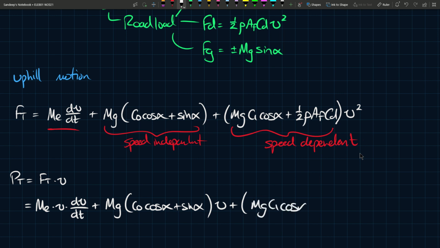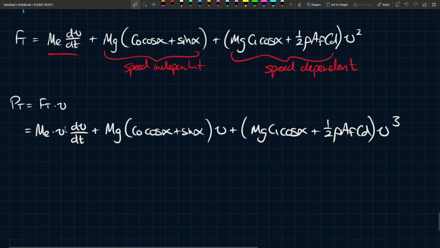So you have c0 cos alpha plus 1/2 rho af cd v cubed, right? So now you have this equation for your tractive power, and this is for a given force. For example, let's say you need to exert a certain force in order to overcome some set of resistive forces, you would need to supply a certain power, or your motor or your engine would need to be able to supply a certain power.